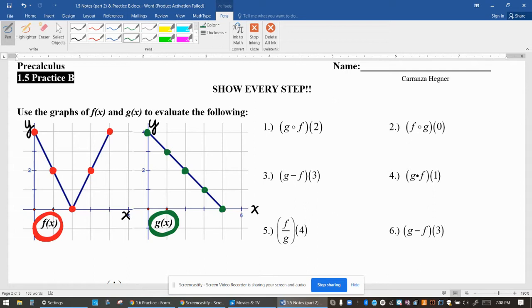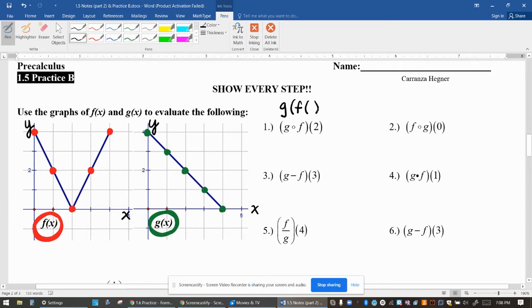So we've learned a few operations. We've learned addition with functions, subtraction, multiplication, and division. We've also learned composition, and composition is shown with an open circle. So number 1 is a composition of functions. You have to memorize that g of f of x is the same as this notation, g of f of x.